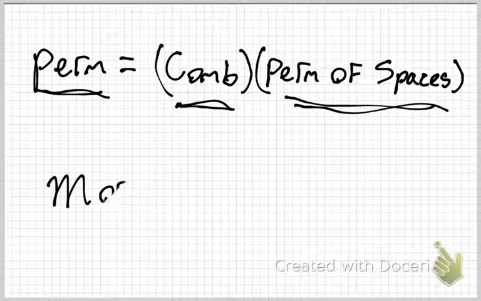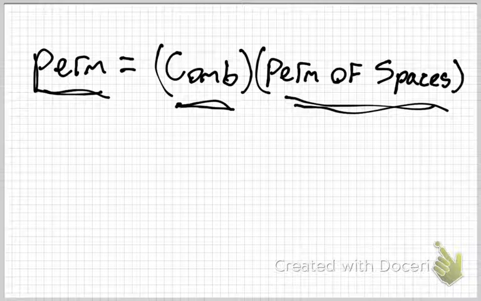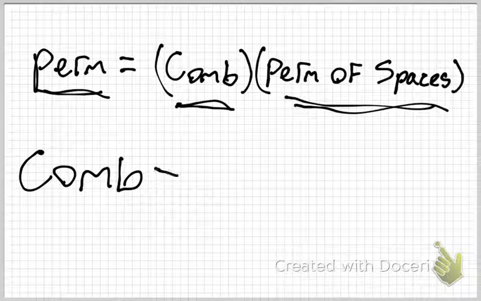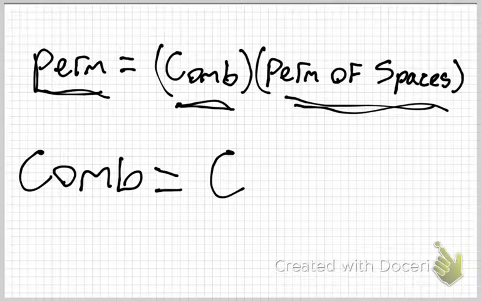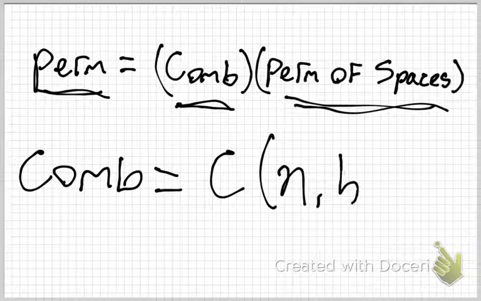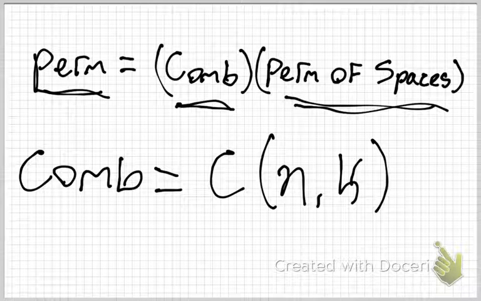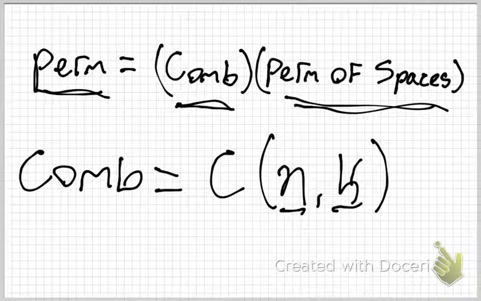Combinations is denoted as C(n, k). This is saying the number of combinations when you have n objects to choose from and you must choose k of them. This is how you denote that.